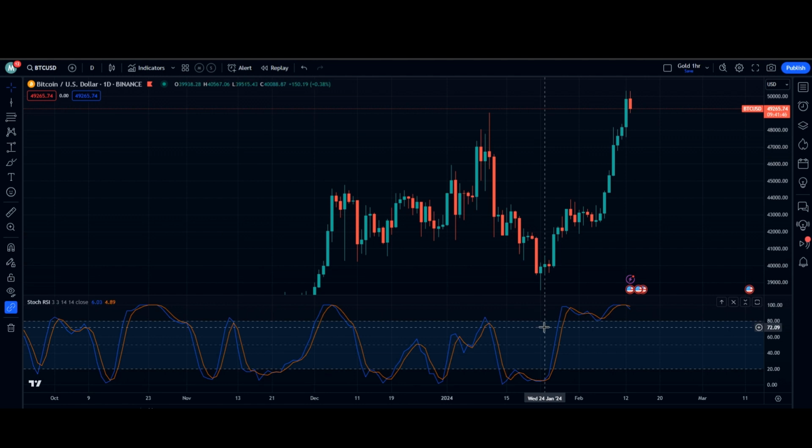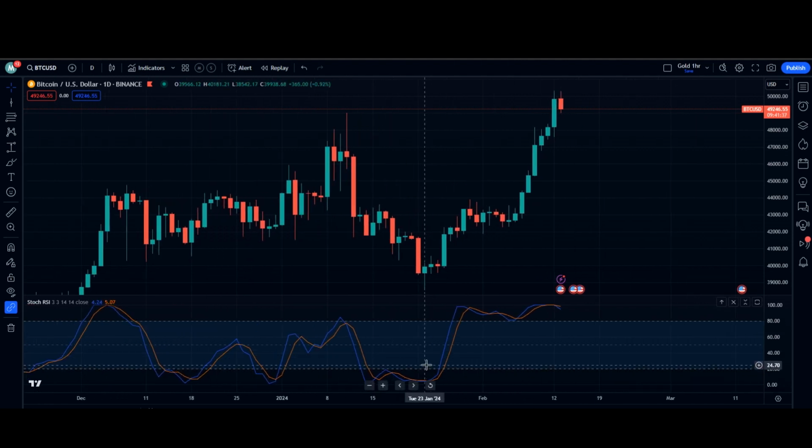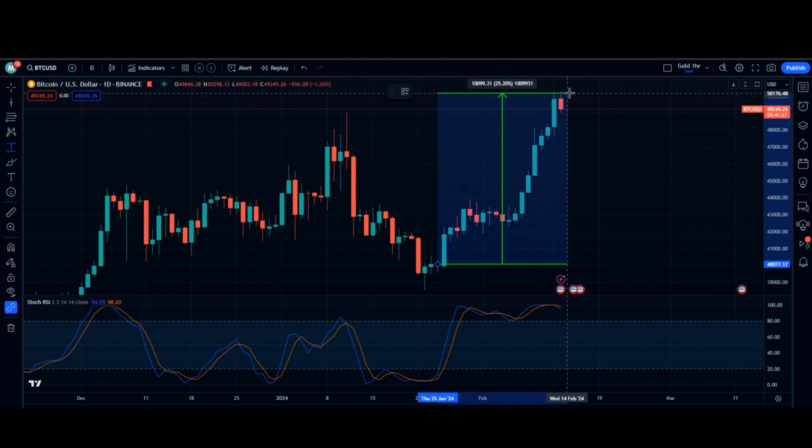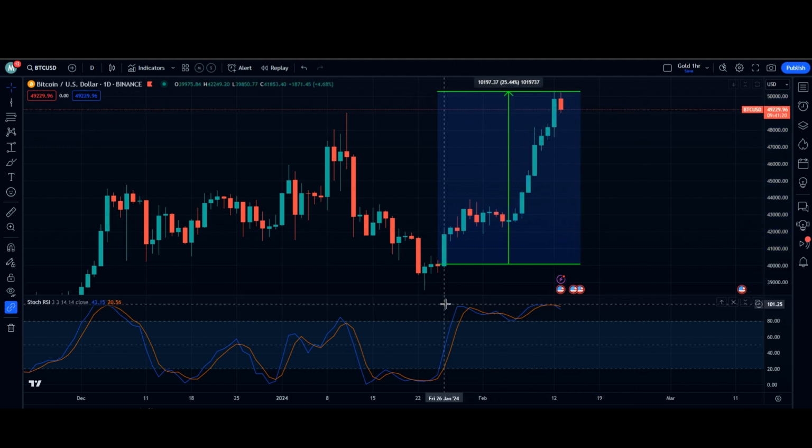If we look at how good the daily signal was on the stochastic RSI, the crossover happened on the 24th of January at 40,000. Since then, the price went 25% up, and that's a pretty good signal. But like I said, the cross down happened at this point, and it was only at 43,000.